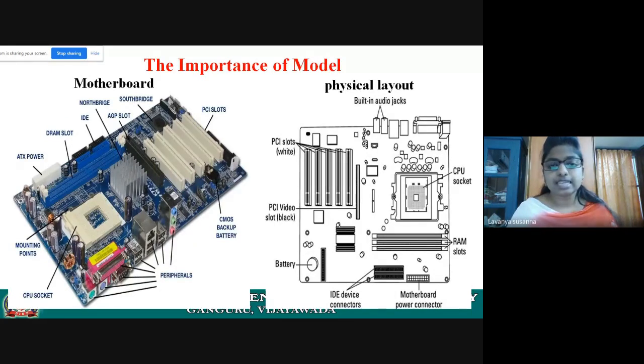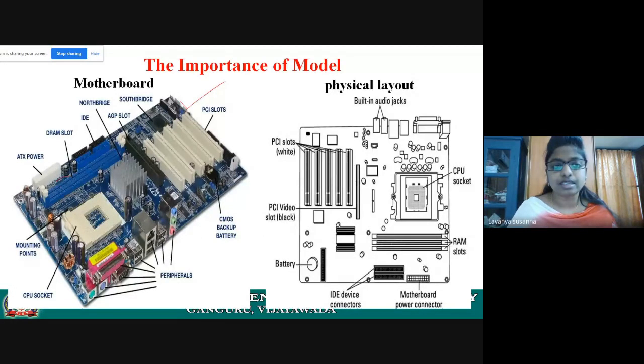I took the example of the motherboard. You already know the motherboard. You have seen it in the IT workshop, right? What is the use of a motherboard? Without a motherboard, the components cannot communicate. All the components are attached to the motherboard. Here, these are the memory slots where you insert the memory.